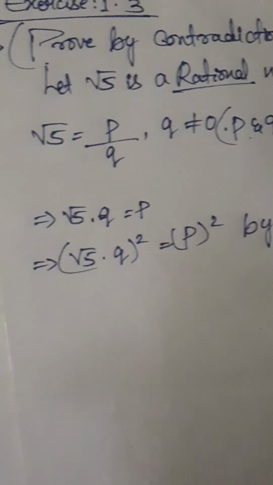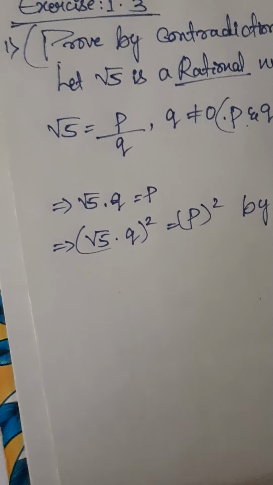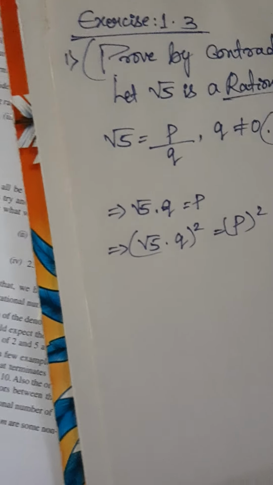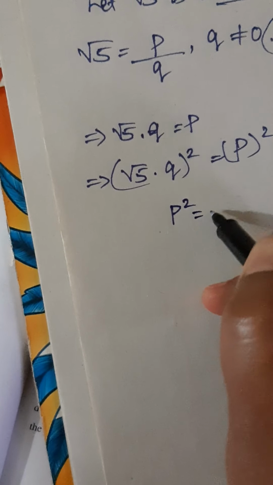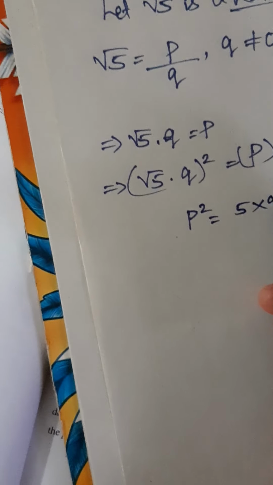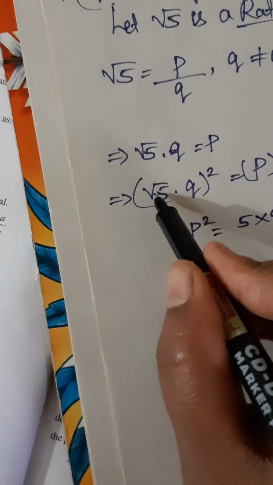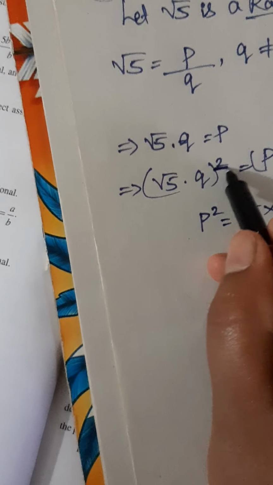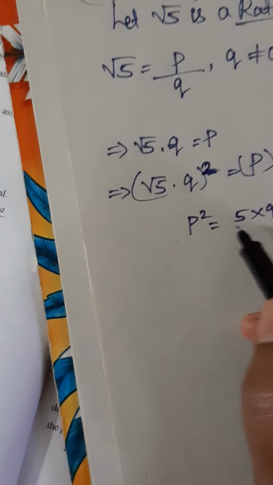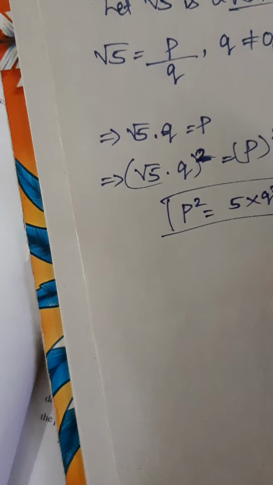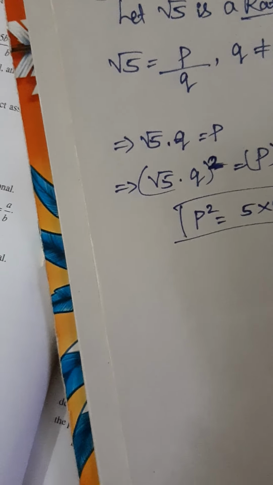After this, take p square is equal to 5 into q square. Instead of the root we removed it with the square. For this take equation 1.